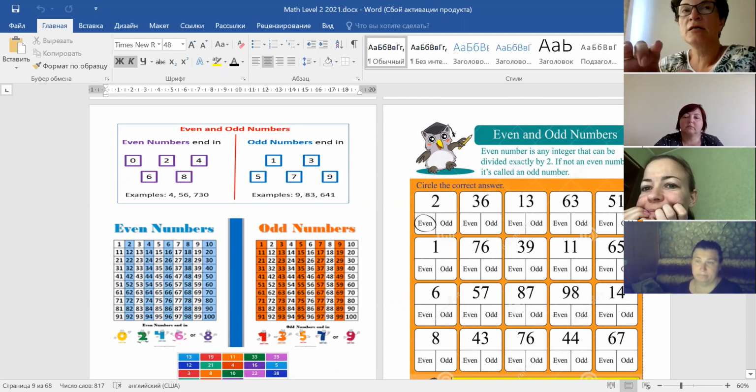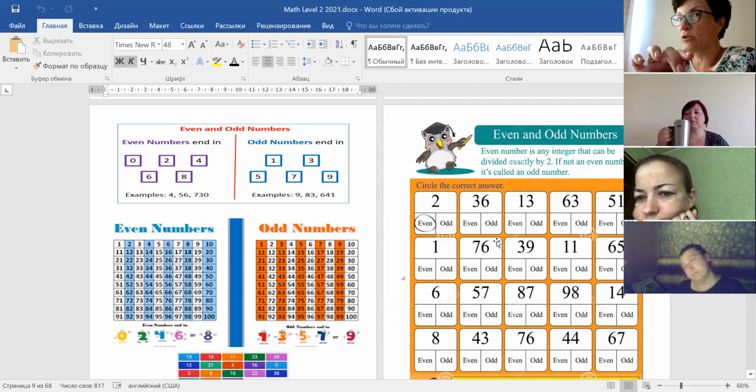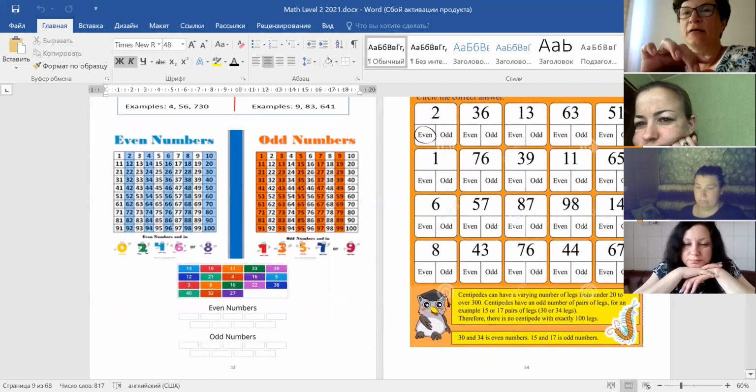And it's simple because even numbers end in 0, 2, 6, 8, and 4, and odd numbers end in 1, 5, 7, 3, and 9. Again, this year, we learn only about even and odd numbers. We don't go further. We just ask our kids to define if a number is even or odd. And actually, later they will learn that even numbers can be divided by 2. That's why they are here.